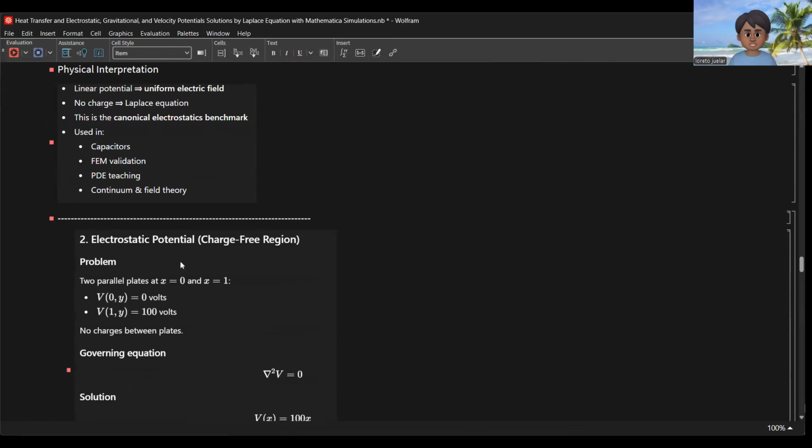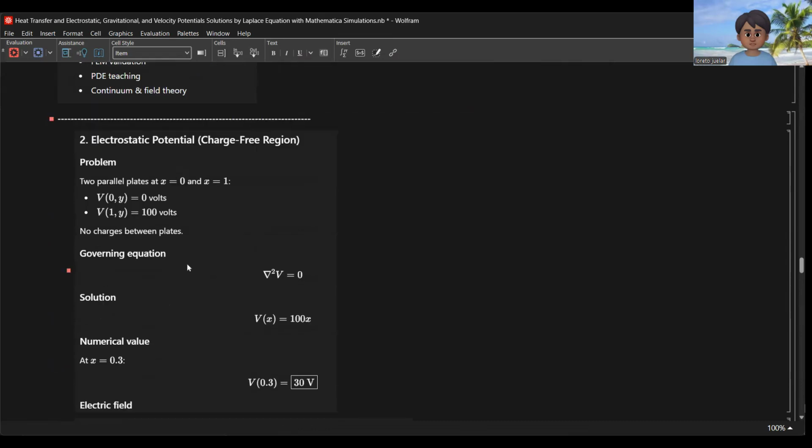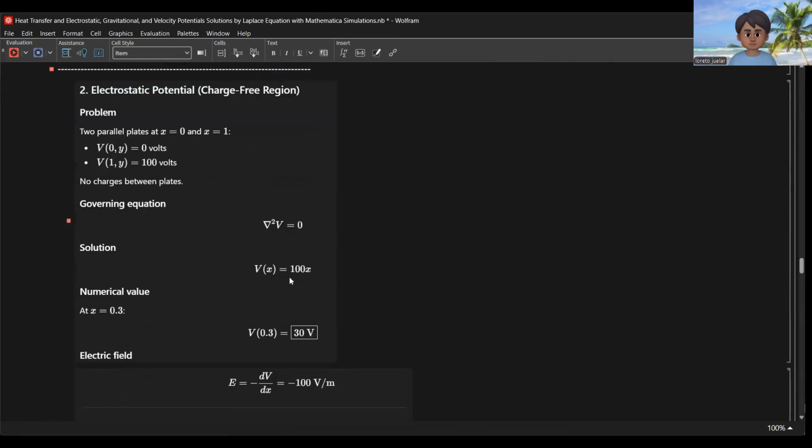So we have the electrostatic potential problem. At x equal to 0, the potential is equal to 0, and at x equal to 1, the potential is equal to 100. We have the governing equation: the second partial of the potential with respect to x is equal to 0.